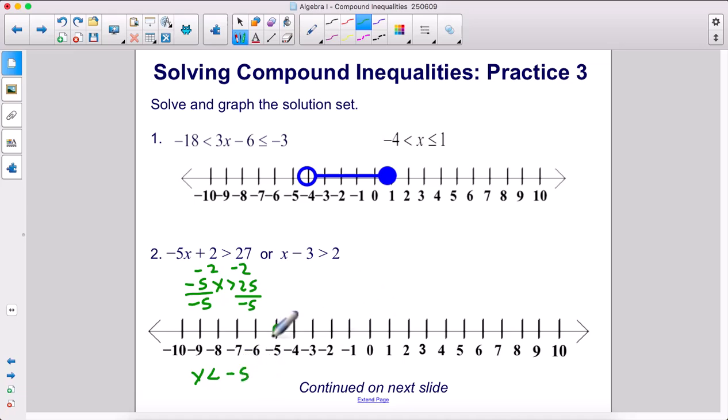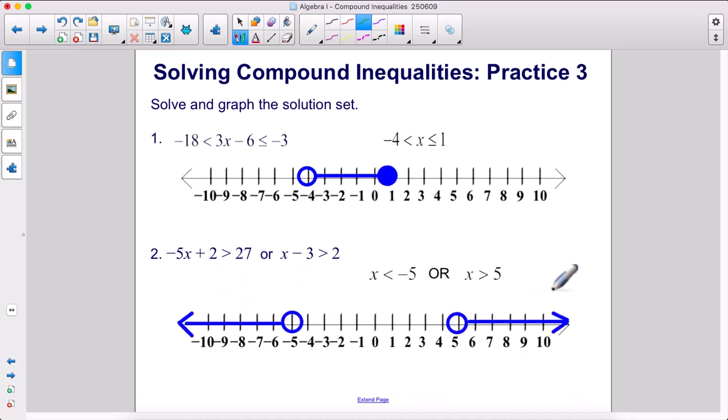All right, so negative 5, and we're going to go less than. And then here we add 3 to both sides, and we get x is greater than 5. Open circle with a ray. So this one can go like that. And there's our solution. Here is the official solution. x is less than negative 5, or x is greater than 5.